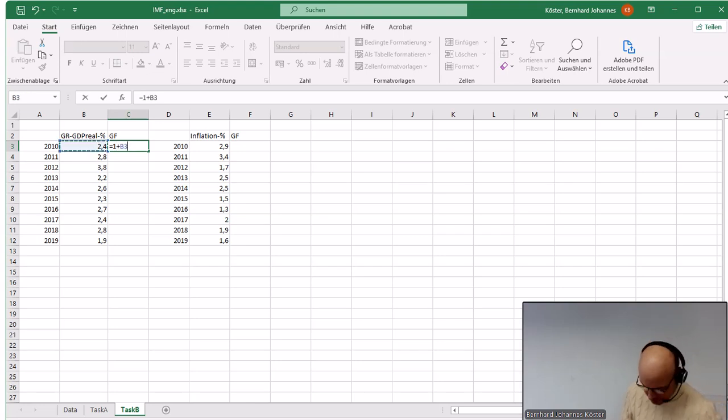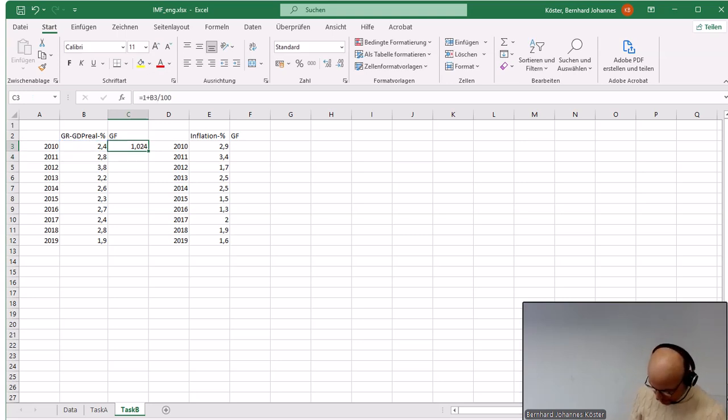1 plus 2.4 over 100. Of course, this would be only a little mistake if you calculate here 1 plus 2.4 is 3.4. But for me, this is a larger mistake because then I would say, well, dividing by 13 and not by 14 is okay.